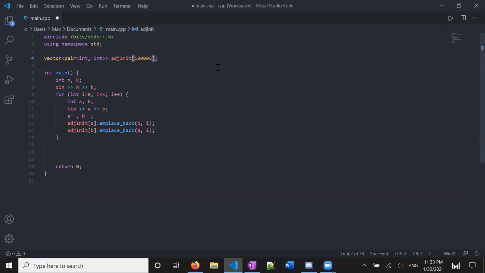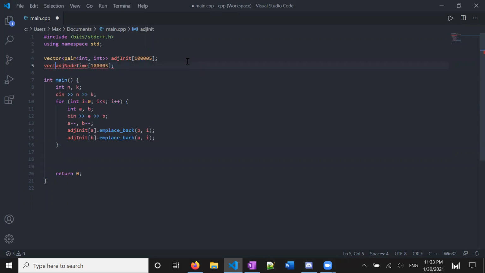So now I'm going to create a new graph called adjacency node time. And I'm going to make this a map. The reason why I'm making this a map of vectors is because you have to remember that our node time pairs are described by both the position. Actually, I'm mixing up the words node and positions. This is position time pairs.